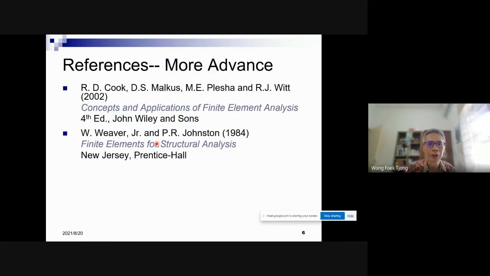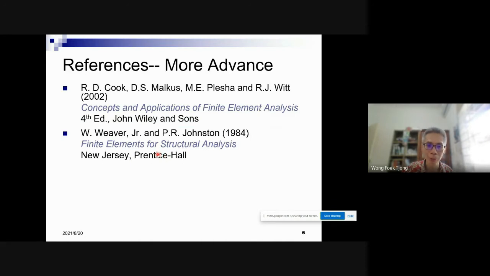Okay. If you want to read a more advanced reference, a little bit advanced, not too advanced, there is this very famous book, Concepts and Applications of Finite Element Analysis. Many universities use it. The book that I know is up to the fourth edition. And there is one book specialized for structural analysis by Weaver and Johnston.